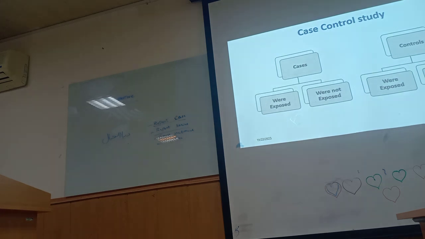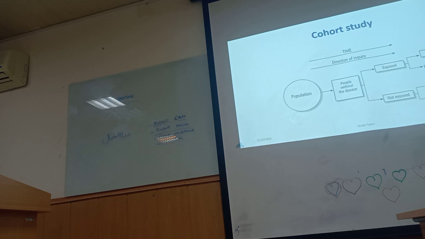The measure of association which is odds ratio. Odds ratio can estimate risk ratio in cohort studies, and if the disease of interest is rare, it would be a good estimate. Okay? We talked about how odds ratio can be a good estimate of risk ratio when the disease is relatively rare.